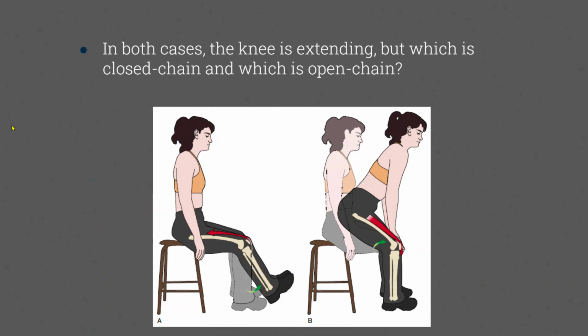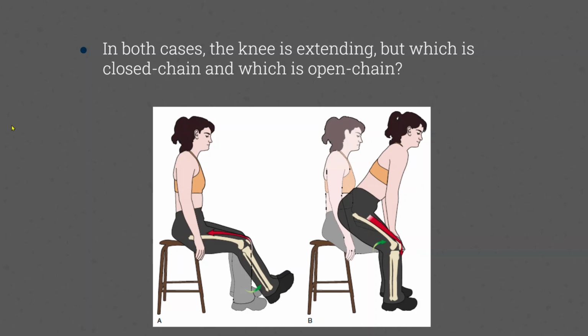So in both these cases, the knee is extending. So on the left side, she is extending her knee and having her foot move, right? So the distal portion is moving and the proximal portion of the attachment of the quadricep muscle group that's responsible for knee extension is stable.